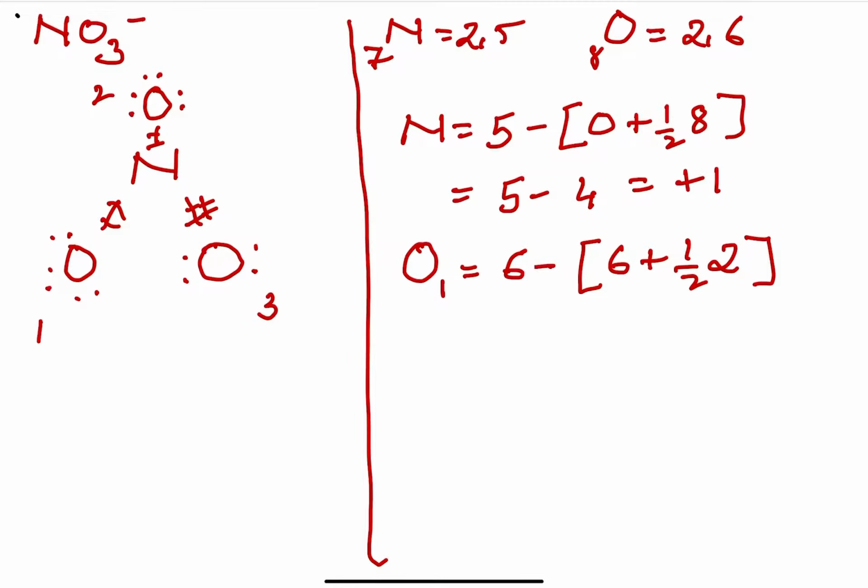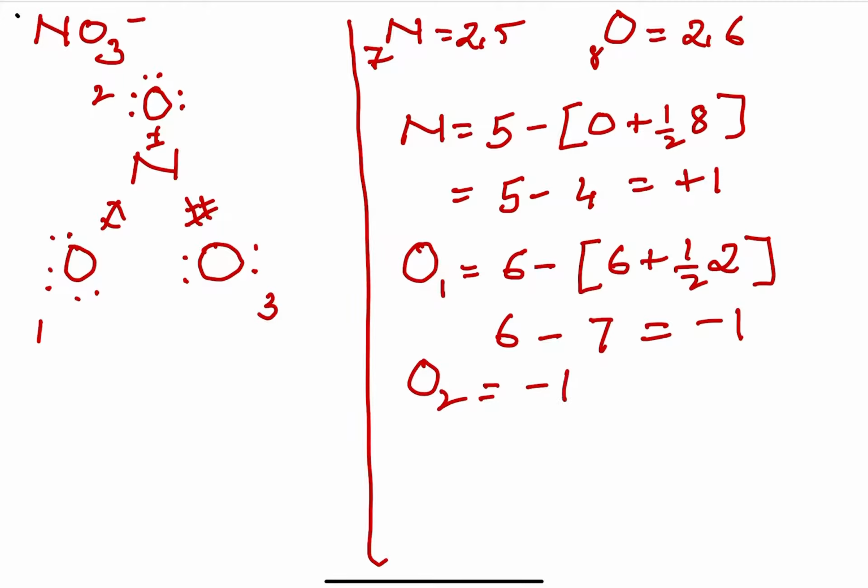Close the bracket. 6 minus 7 equals -1. So the formal charge of the first oxygen is -1. The first and second oxygen are similar, with a single bond and three lone pairs of electrons. So oxygen number 2 also has a formal charge of -1.